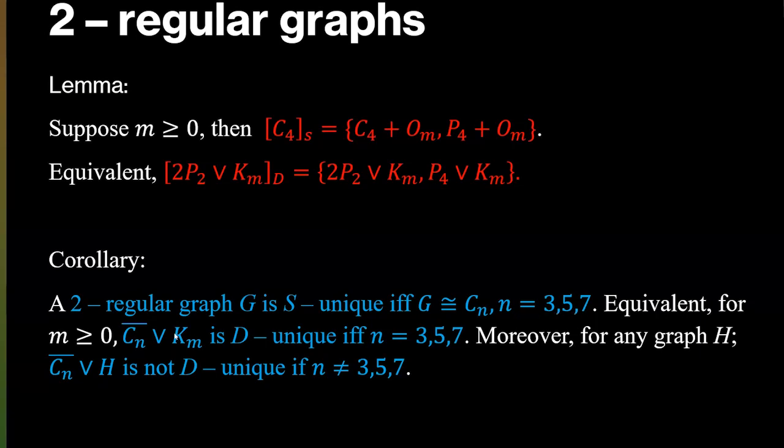Equivalently, the complement of this cycle joined with Km is D-unique if and only if n is 3, 5, 7. And for any graph H, the join of H and the complement of a cycle is not D-unique if this cycle has order not 3, 5, or 7.